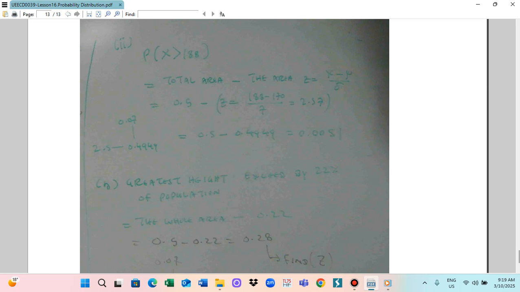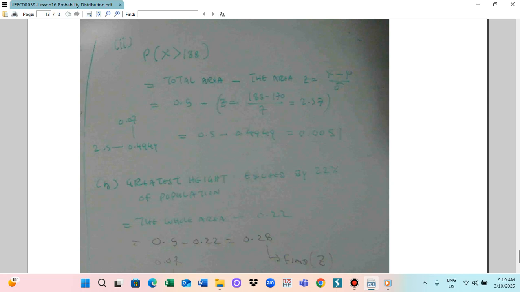So this is the area you can calculate. How do you calculate this? For greater than, I already gave you the equation: Z greater than 1.95 is the whole area minus the area at 1.95. Similarly, H greater than 188 means we calculate the total area minus the area under Z equal to (H minus mu) by sigma.